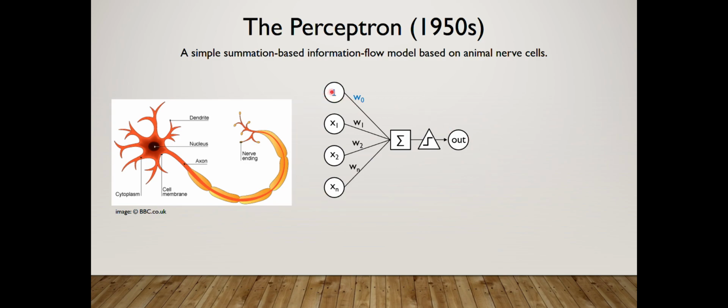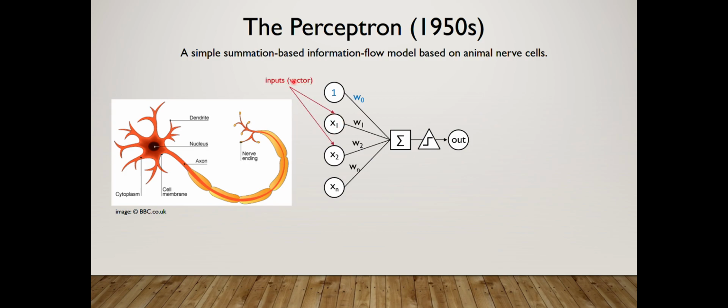The perceptron works as follows. You have different input features, which represent these different channels here in the dendrite. So information can flow in here. In this case, we have three input features, x1, x2, and xn. Those are scalar numbers that come in here.